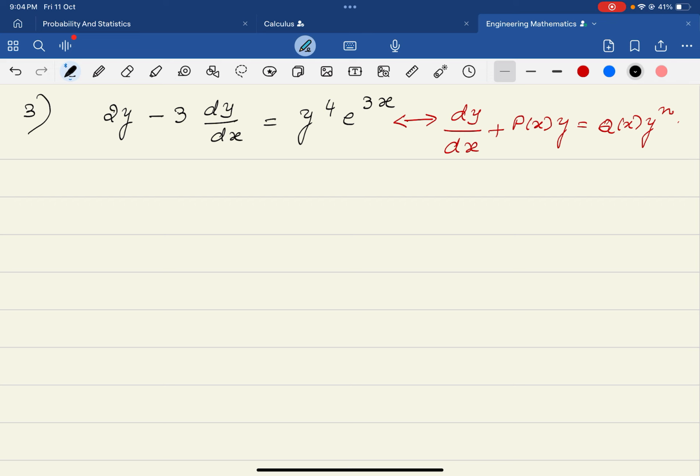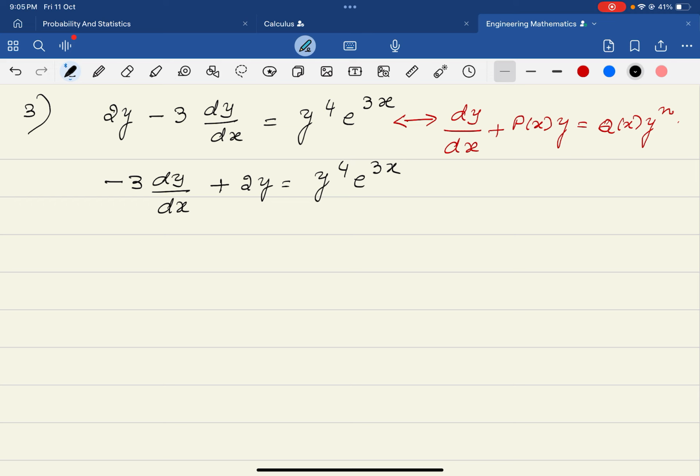Let us first rewrite the equation: minus 3 times dy by dx term first, correct? Minus 3 dy by dx plus 2y is equal to y power 4 times e power 3x.